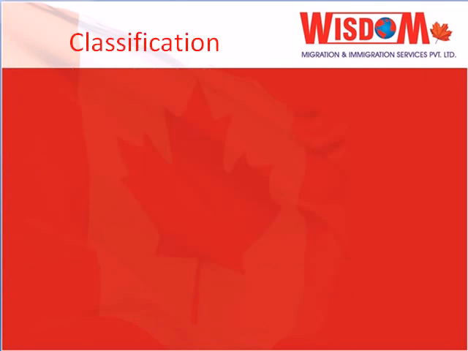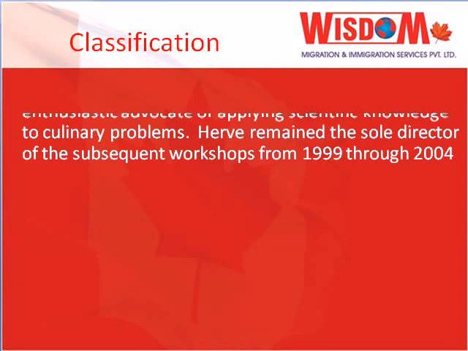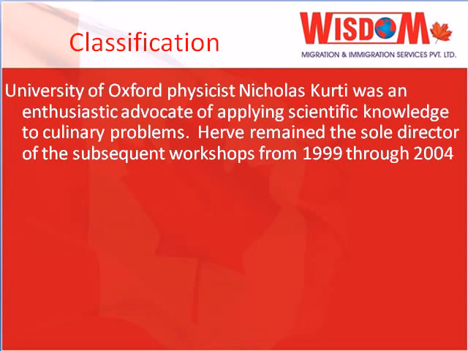Next is classification types of questions. For example, University of Oxford physicist Nicholas Curti was an enthusiastic advocate of applying scientific knowledge to culinary problems. Herve remained the sole director of these subsequent workshops from 1999 through 2004.